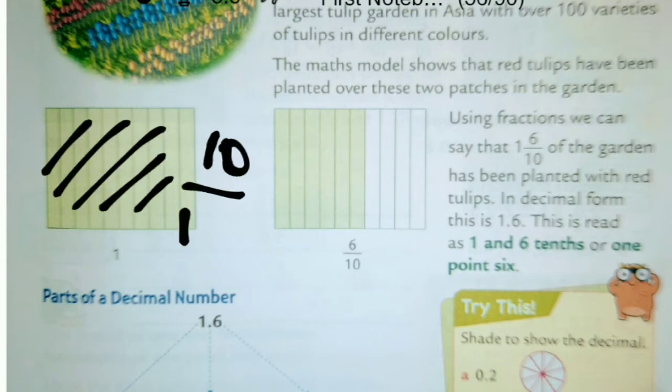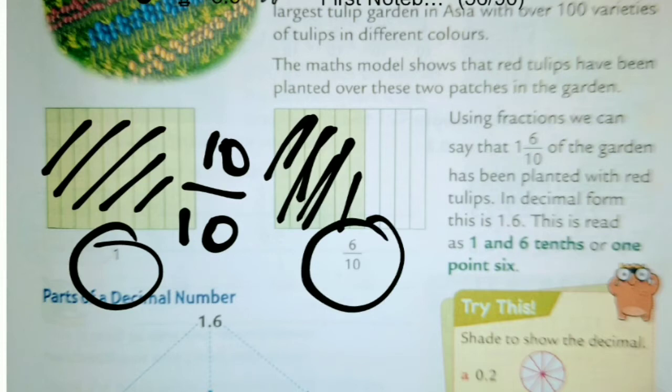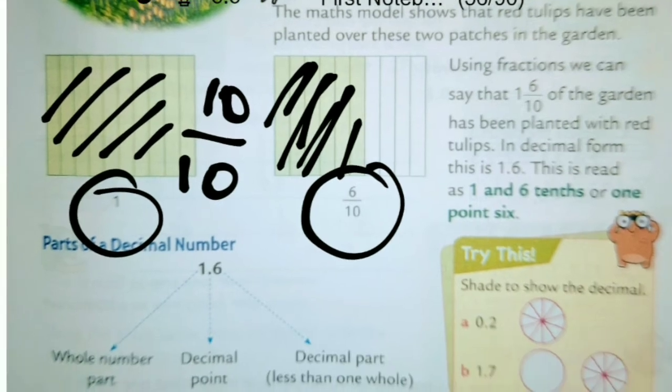So we can write 10 upon 10, which means one whole. In this one, total 10 parts and 6 parts are shaded. So we can write 6 upon 10. And when we add both, 1 and 6 by 10, we can write 1.6, 1 and 6.